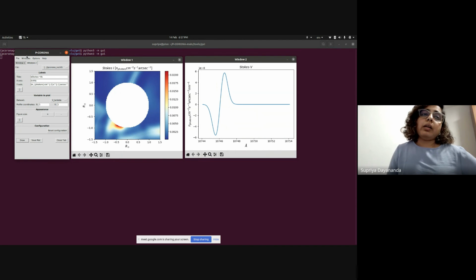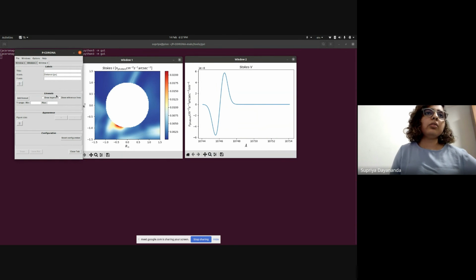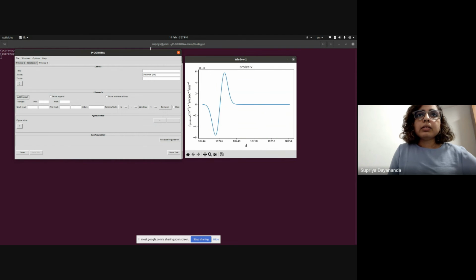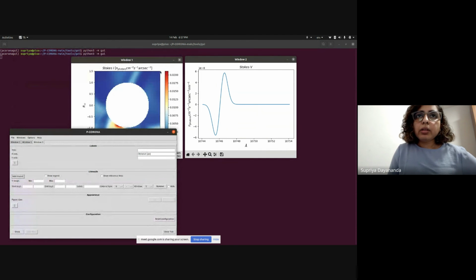One of the useful things you can also do is draw a line out here and see how the parameters vary. Like I said, this can be done in both the atomic and atmospheric model.